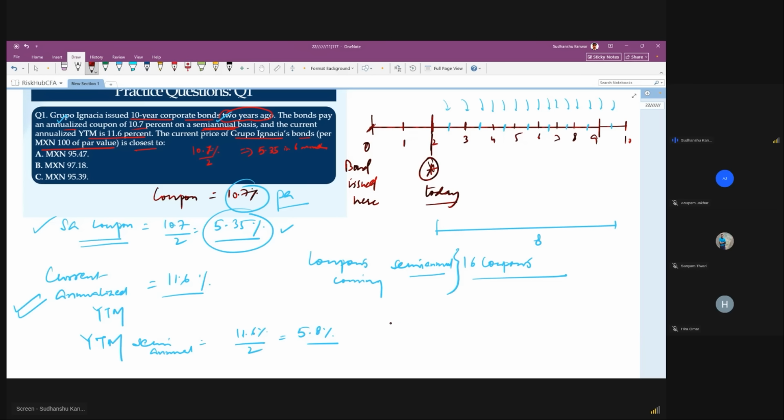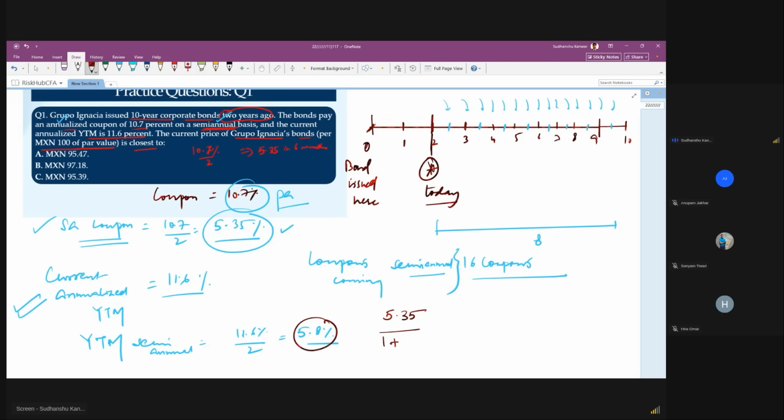So my simple logic is that, okay, what is my cash flow? My cash flow which is coming, the first time period, right? If I'm sitting here, my first cash flow is your 5.35. So my 5.35 is my cash flow divided by my YTM, which is semi-annual, right? Or you can see, there are two ways here.